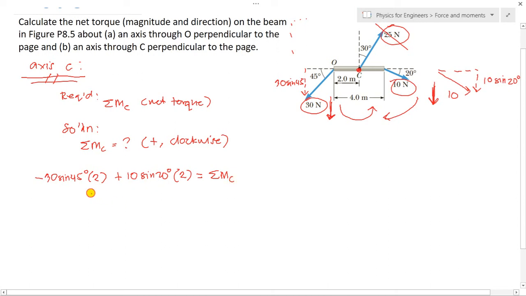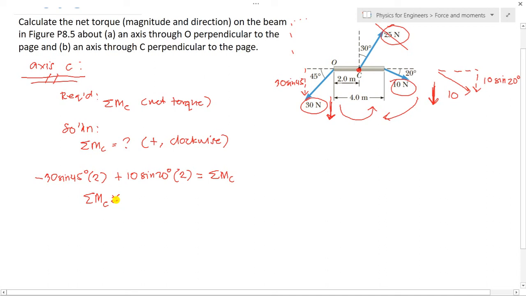Okay, if you have calculator, so simplify. So that is approximately equal to negative 30 sine 45, then multiplied by 2, then plus 10 sine 20 multiplied by 2.